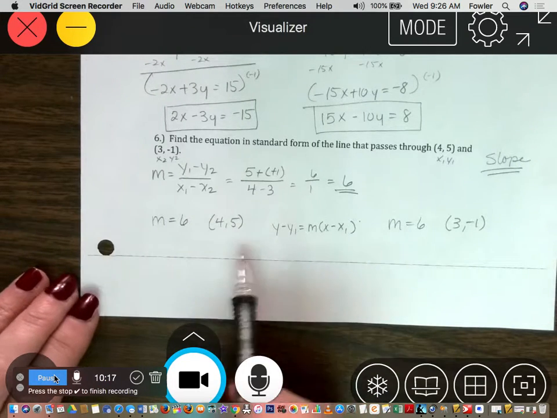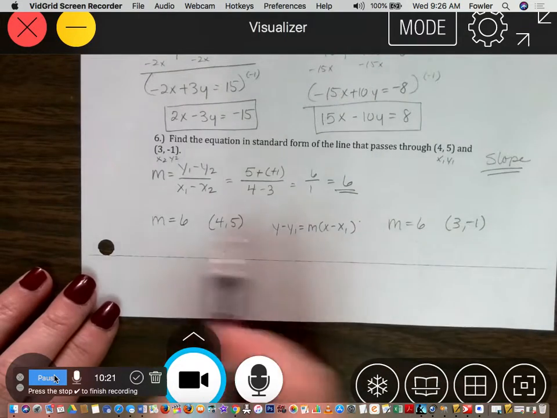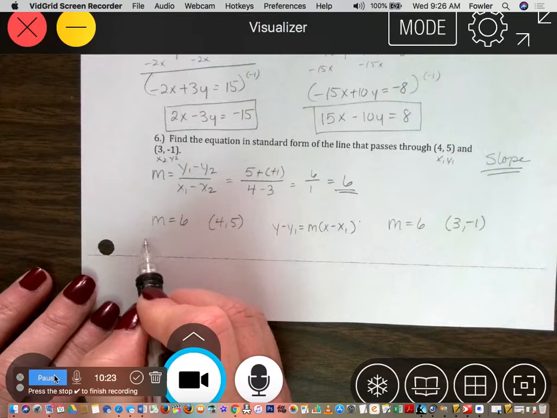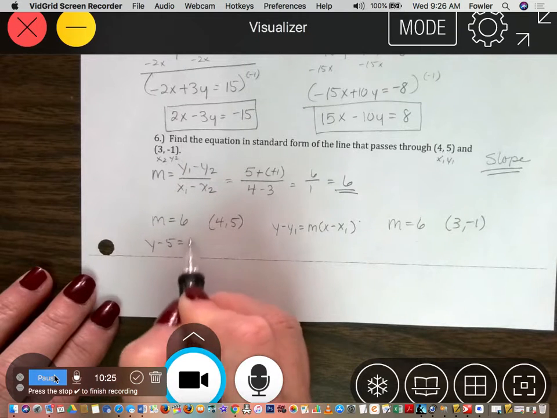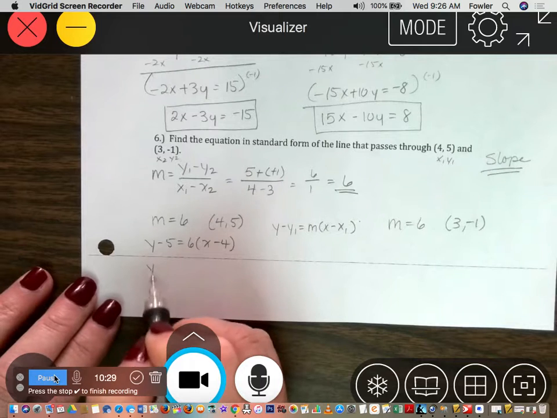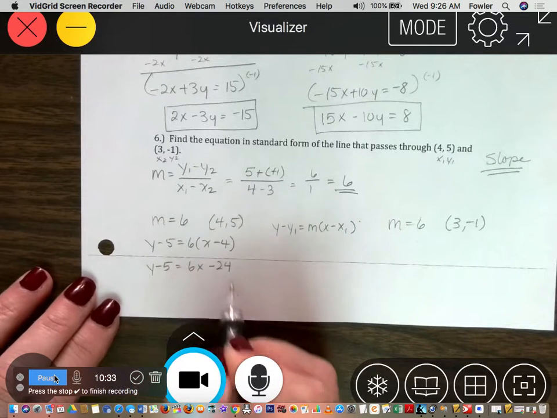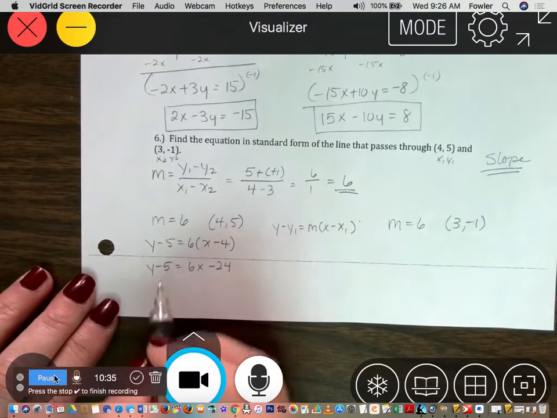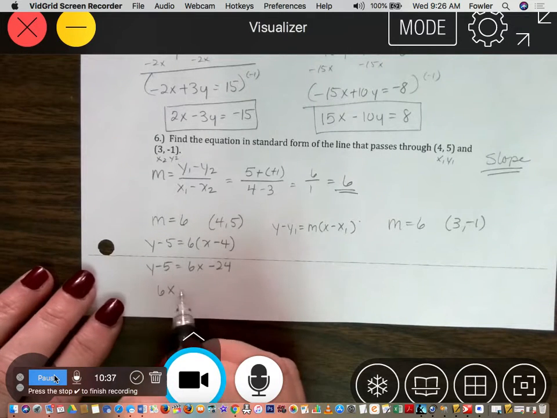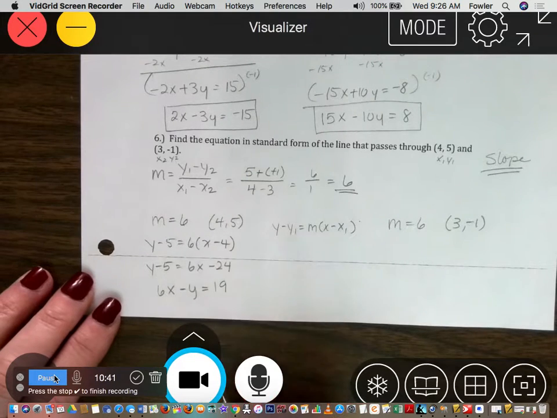And so I just want to go through and show you that as long as you have the right slope, if I plug in using the point (4, 5), we'd have y minus 5 is equal to 6 times x minus 4. So y minus 5 is equal to 6x minus 24. And I'm going to shortcut this, but you end up with 6x minus y is equal to 19.